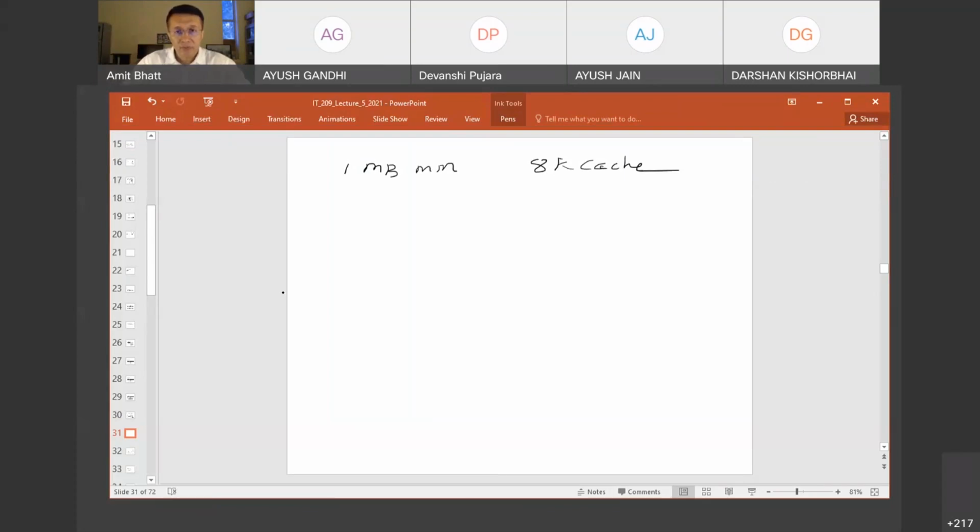Now, if I have just one 8K cache, that means you'd require 2 raised to 13, so 13 bits would be required. Now I think let us reduce this number from 8K so that I can show that example clearly. So let me reduce this number.